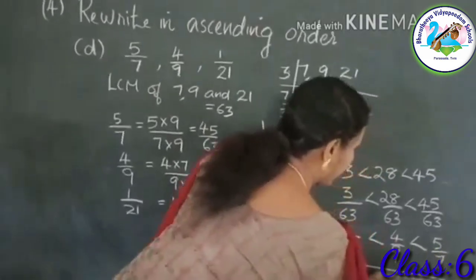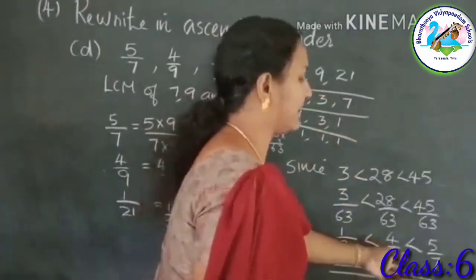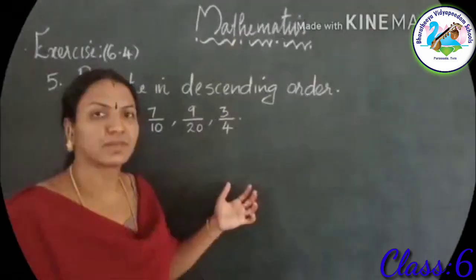So 1 by 21 less than 4 by 9 less than 5 by 7.